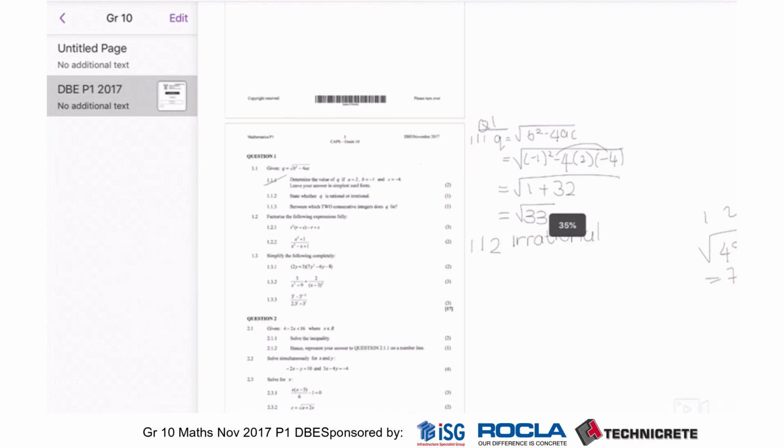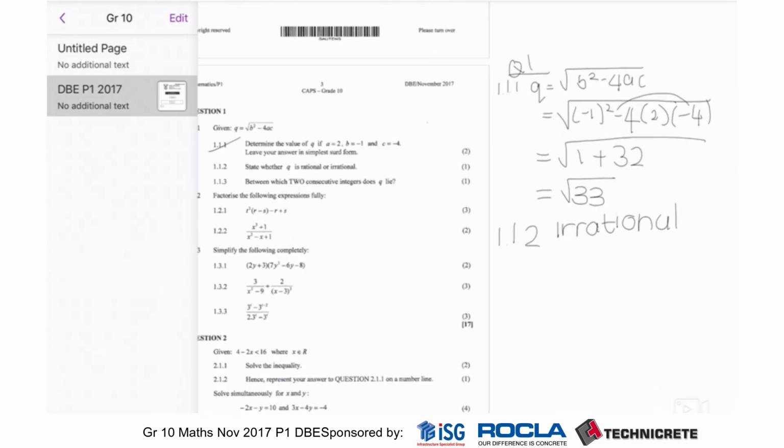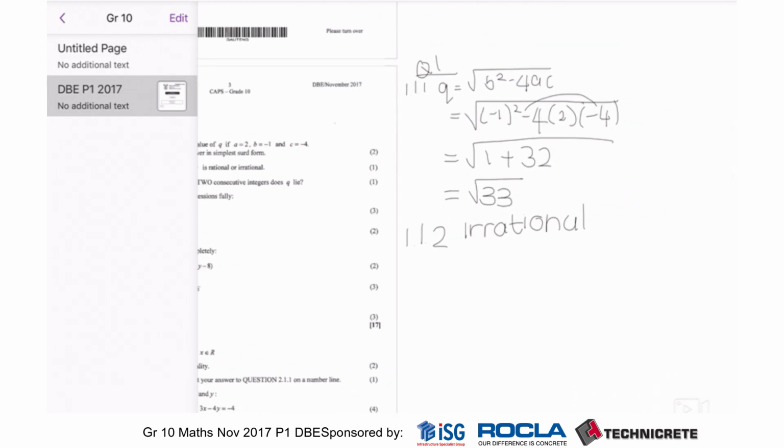Okay, let's go to our next question and we'll erase that just now. Then 1.1.3 says between which two consecutive integers does q lie? My integers are my numbers on a number line, and we're looking at root 33. We want to know between which two integers, so we think of our roots that will give me numbers that fall around 33.